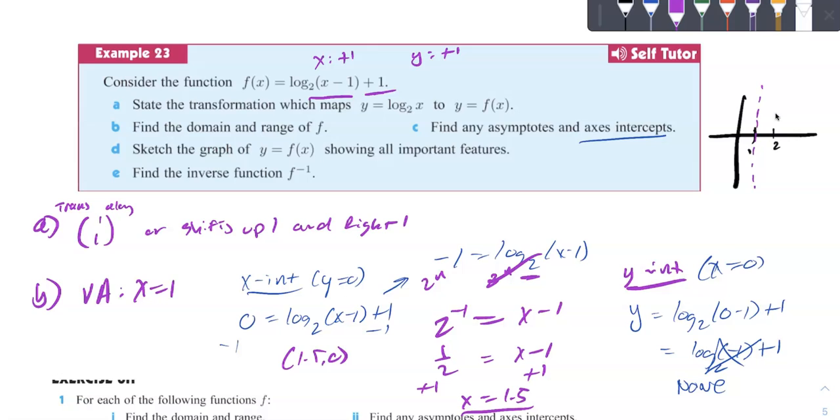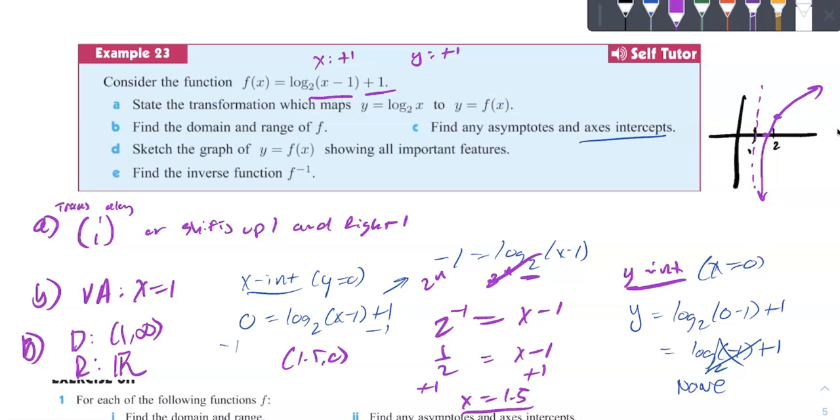So in my head there's a point right here where it normally would cross. So we'd go like this normally, but then we have to move it up 1. So my graph's kind of like this. Which makes my domain 1 to infinity. And my range, all real numbers.